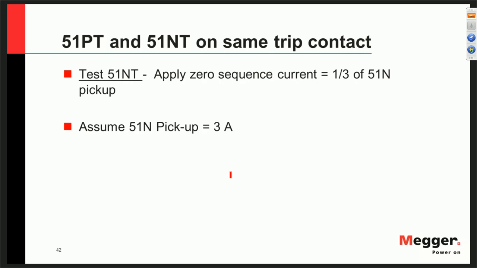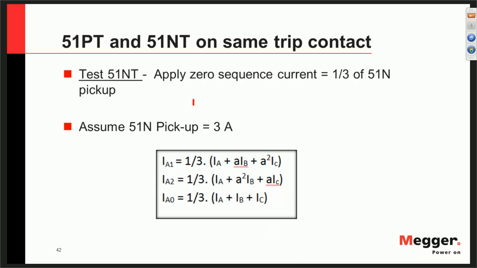Let's say, for example, I have a pickup of 51N of 3 amps. You must be wondering why I have this expression 1/3 of 51N pickup. Here is where it is coming from. You remember we derived sequence quantities from phase values. So my 0 sequence current was 1/3 of my phase A plus phase B plus phase C current.